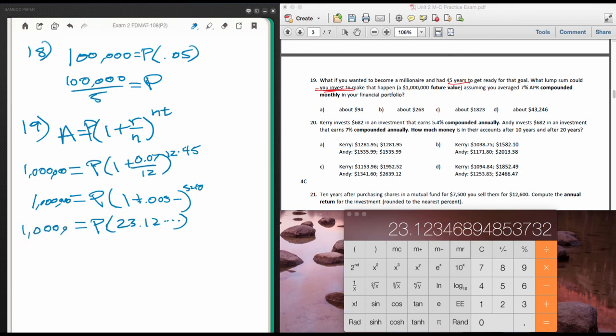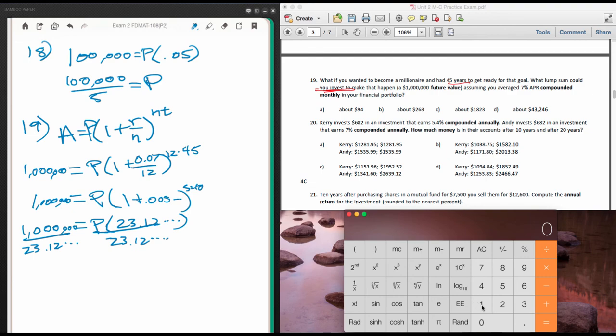So in order to find P, we're going to have to divide both sides by that 23.12 dot, dot, dot. So I'm looking for 1 million divided by that value. So let's do first a memory clear. So we cleared the memory, and then we put a memory plus, so we're going to add that into the memory. We're going to clear this out, and I'm just going to do a memory recall to make sure I have that correct.